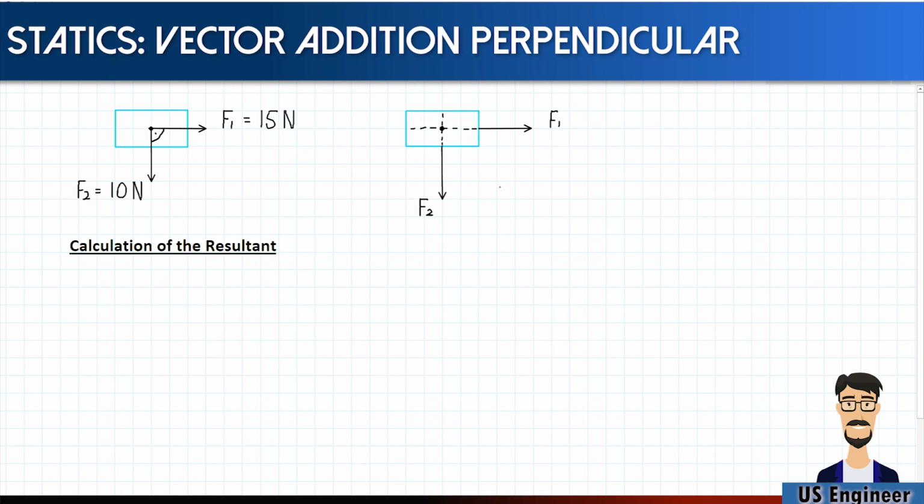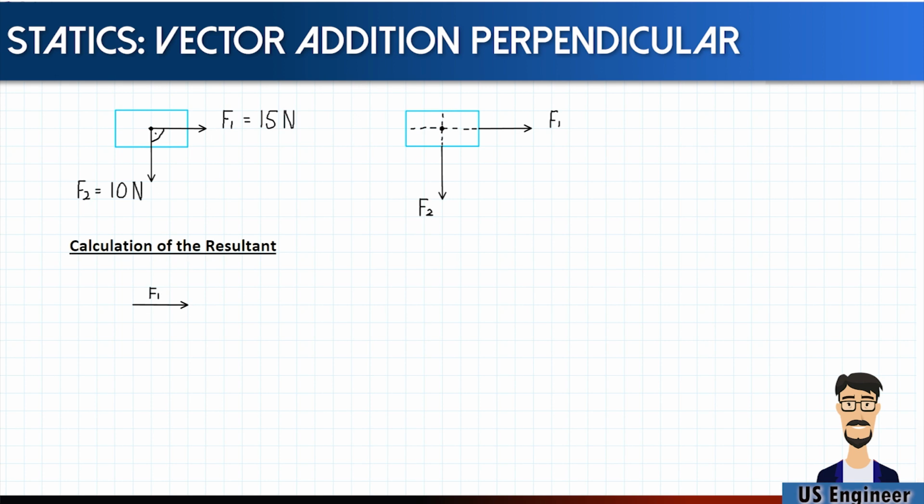Before we start with the math, let's first add the forces in form of vectors. So, how do you add force vectors? Well, you just start with drawing the vector of the first force, which in our case is F1. So I'm going to draw the first force vector of F1.